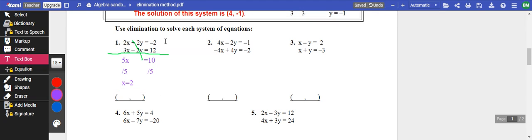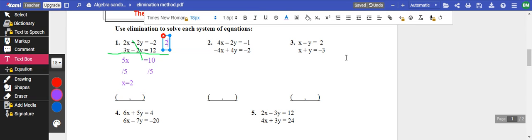And I get x equals 2 as my answer. Now I'm plugging it back in. We go 2 times 2 plus 2y equals negative 2. And I get 4 plus 2y equals negative 2. And then I'm going to subtract 4 from both sides.